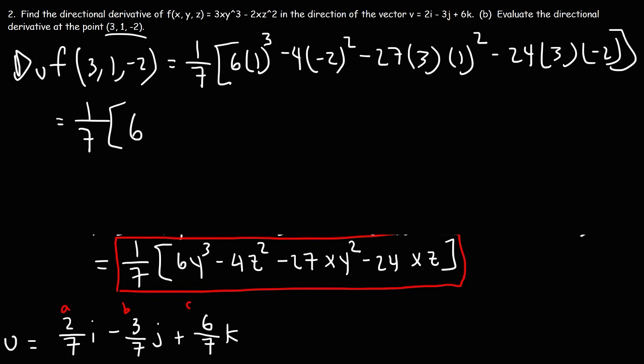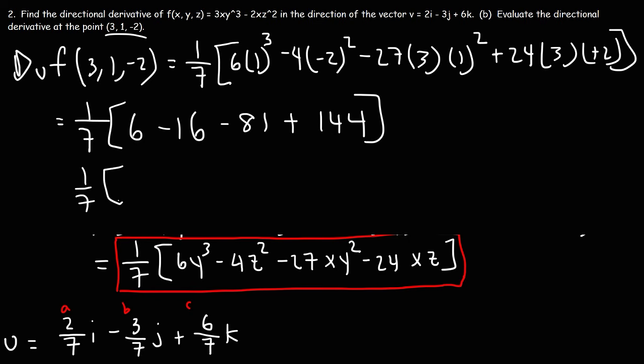So that's going to be 6. Negative 2 squared is positive 4. Positive 4 times negative 4 is negative 16. And then we have 3 times 27, which is 81. 24 times 3 is 72. 72 times 2 is 144. The two negative signs will make this positive.